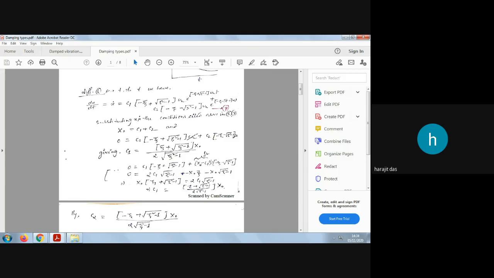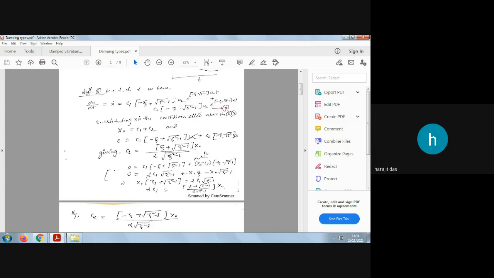Now you need to write minus x naught square root of zeta square minus 1, understood? This c1 zeta and c1 zeta will be cancelled out, because this is plus, this is minus. So only this much will be left, and when you simplify, you will get this line very easily.